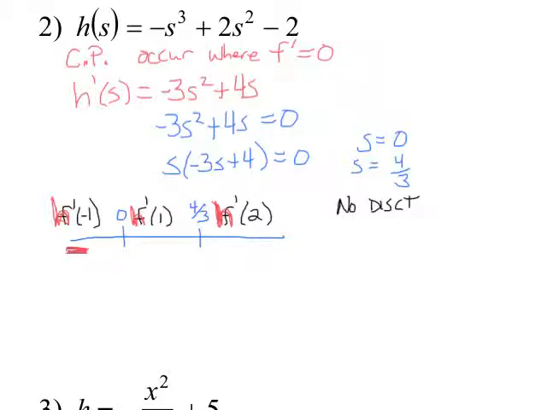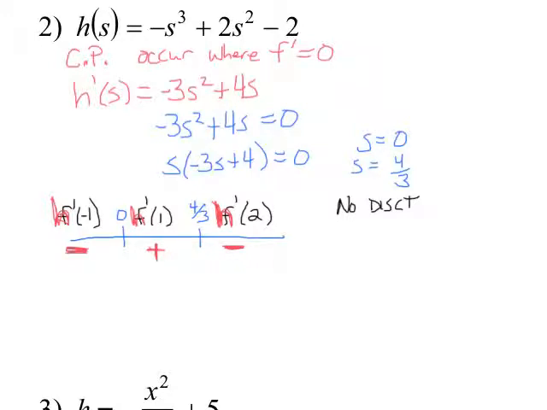If we stick 1 into the function, we're going to get 1 times +1, so that's a positive answer. And then if we stick 2 into the function, we're going to get 2 times -2, so 2 times -2 is a negative answer.